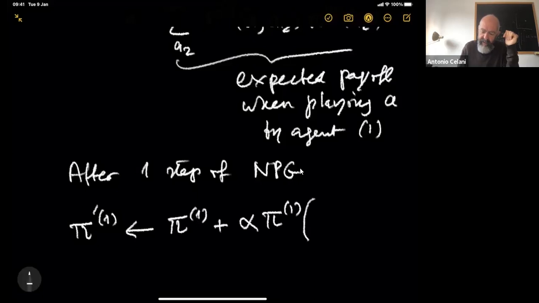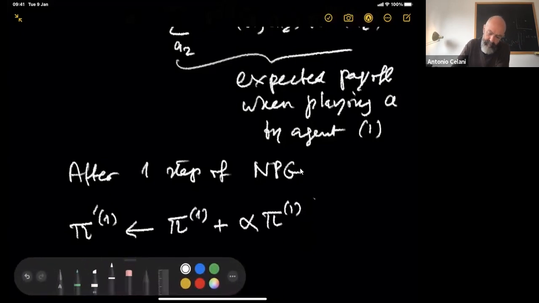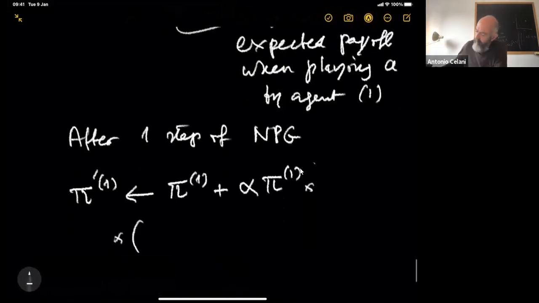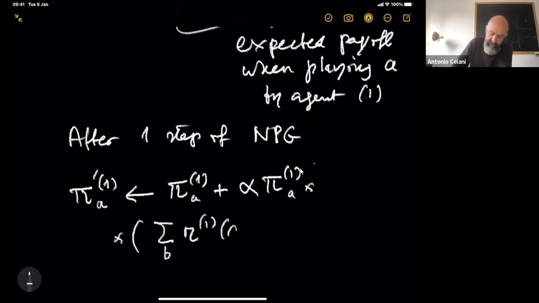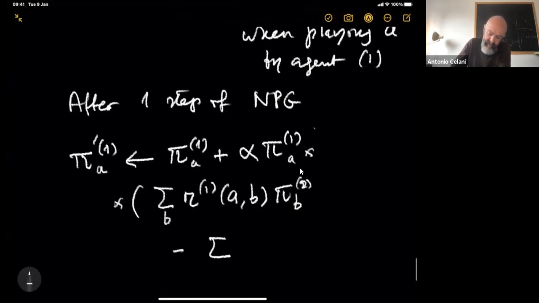And now here I get a term which is, let me write it properly, so let's say this is the probability of taking action A, and this would be like the sum over actions B taken by the other agent of the reward matrix for agent 1, action AB times B2, minus the sum over B and C.